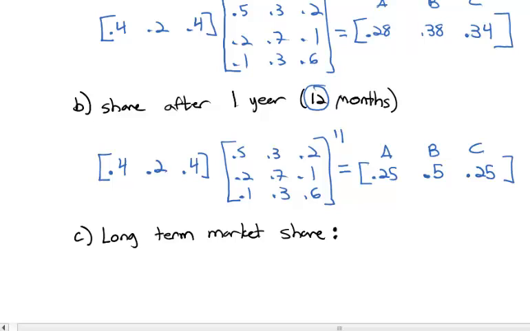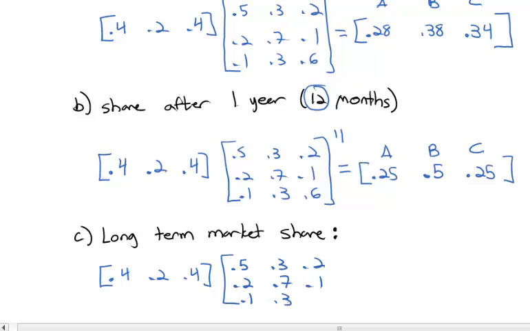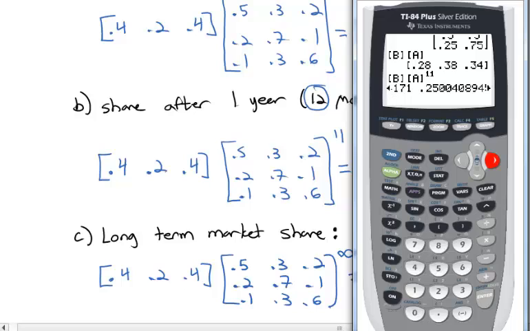Basically what we want to do there is take our initial vector, 0.4, 0.2, 0.4, our initial matrix of the market share, times the transition of 0.5, 0.3, 0.2, 0.2, 0.7, 0.1, 0.1, 0.3, 0.6, and we need to basically do that an infinite number of times. Well, our calculator doesn't have infinity, but we can pick a large exponent and see if it works.